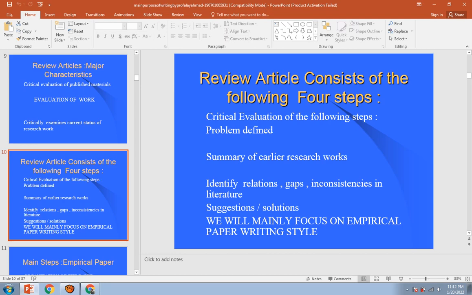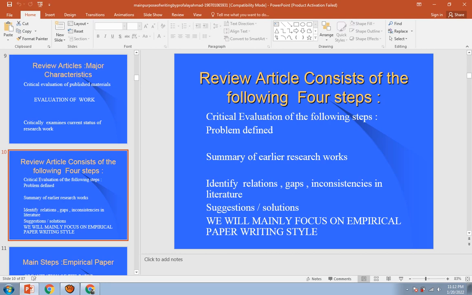And followed by summary of earlier researches. Again, we can give you the Zeigarnik effect in psychology. Is there any earlier research work conducted in the area of the Zeigarnik effect, or for example incidental versus intentional work? So summary, remember I am referring to the summary of earlier research works.